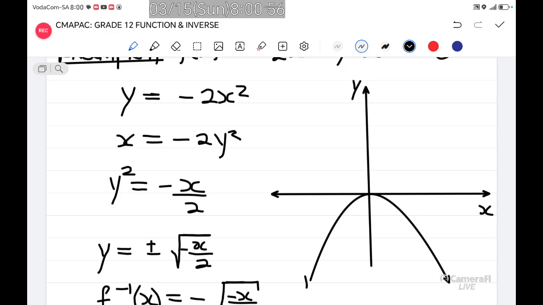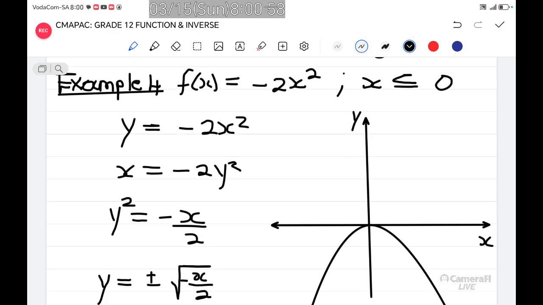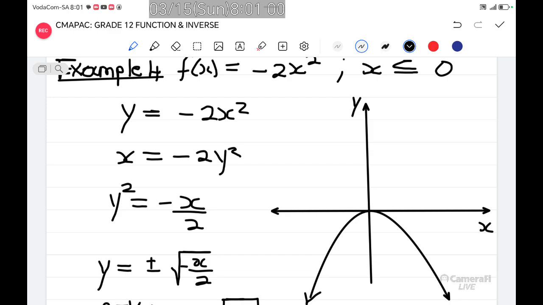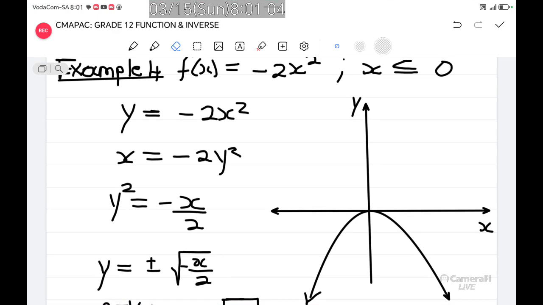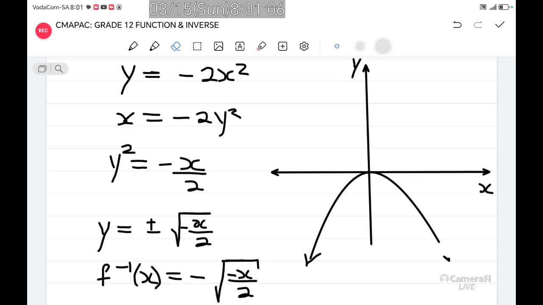But there is a restriction. We're saying the x must be less than 0. It means we have to erase where x is positive, this part here. So here is the function.